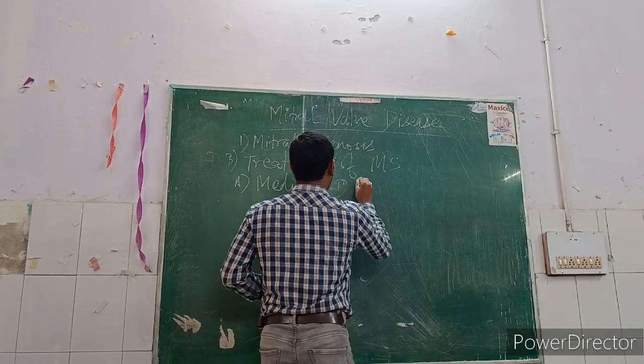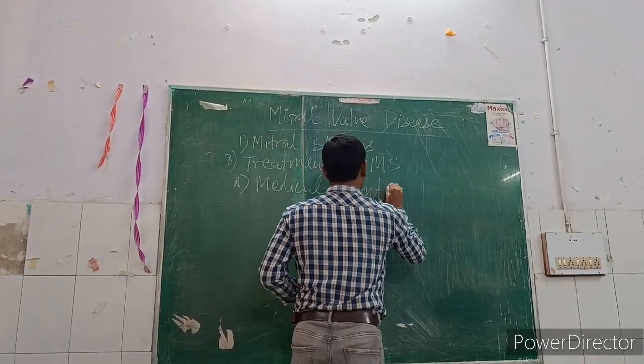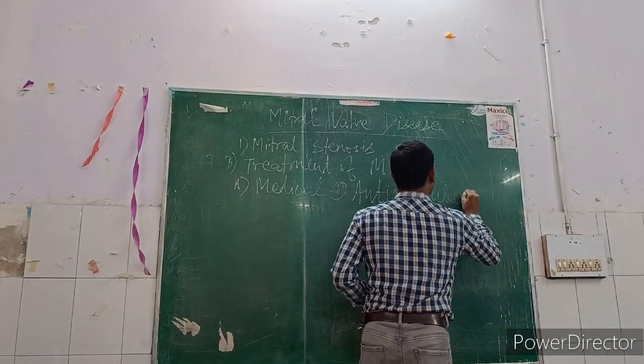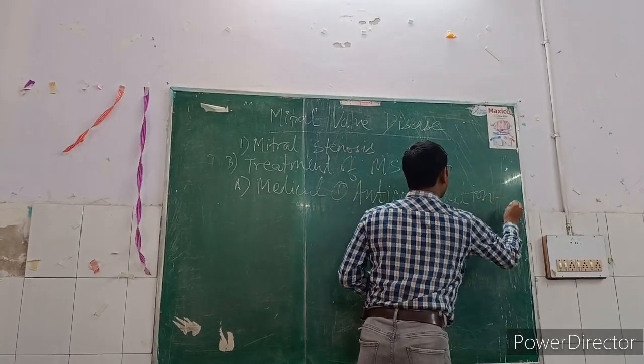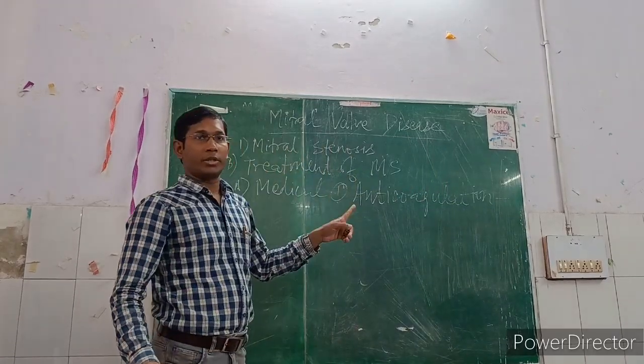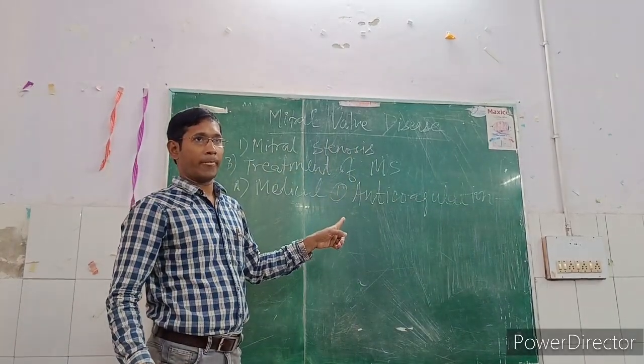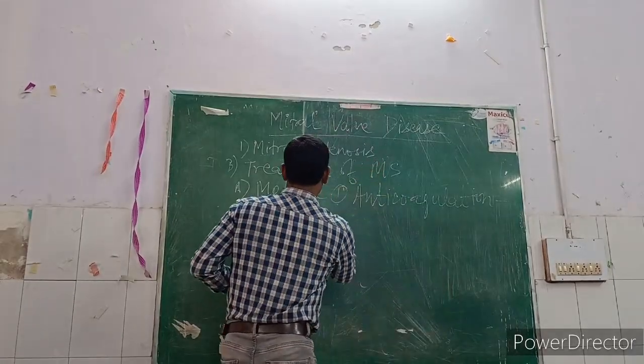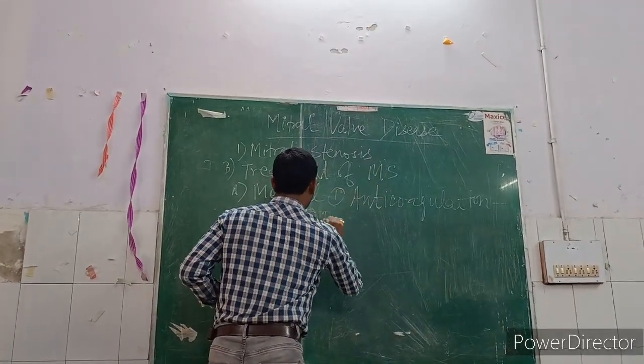Number one is anticoagulation, to prevent systemic embolization. And number two, beta blockers.